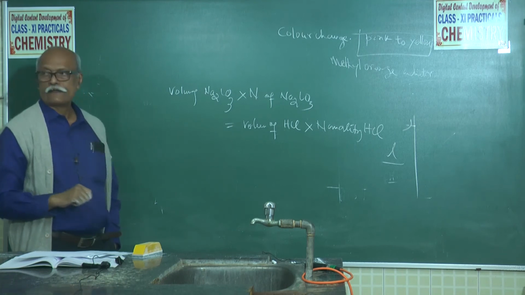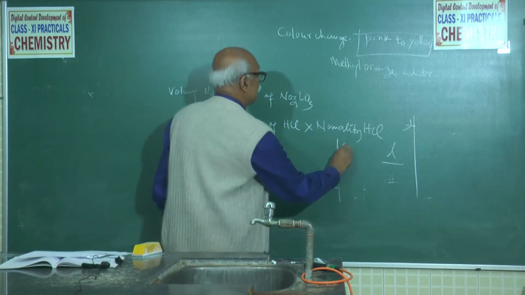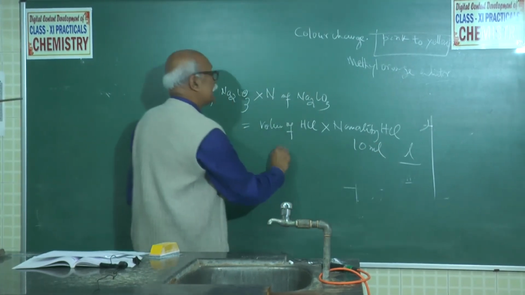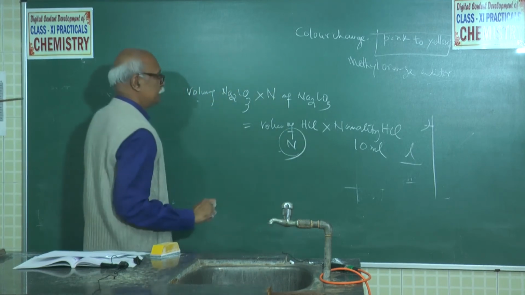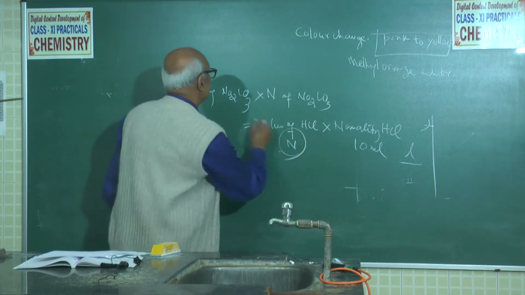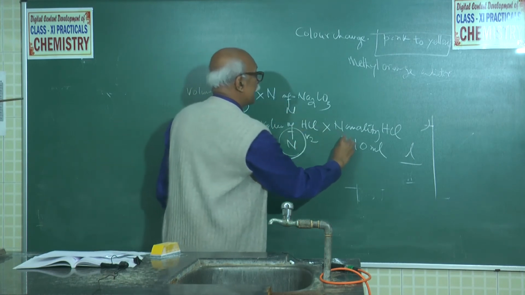Hydrochloric acid we have taken 10 milliliters, normality not known. This is V1 N1 equal to V2 N2.